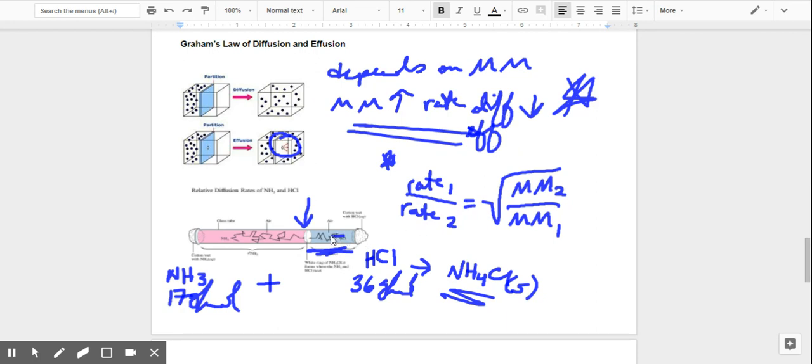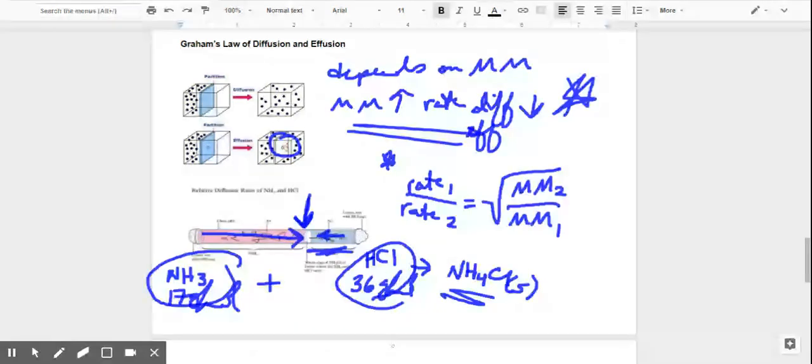That means this gas isn't going to travel as far, as fast, as the NH3 gas. NH3 is lighter, so it's going to travel farther. And that's why these two gases mix and react closer to the HCl, because HCl has a greater molar mass.